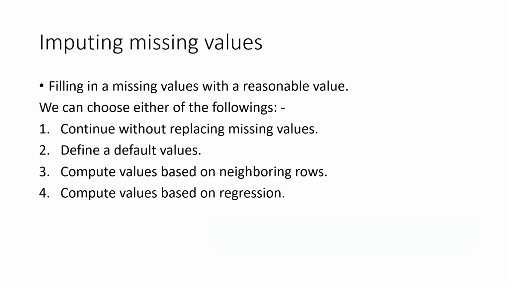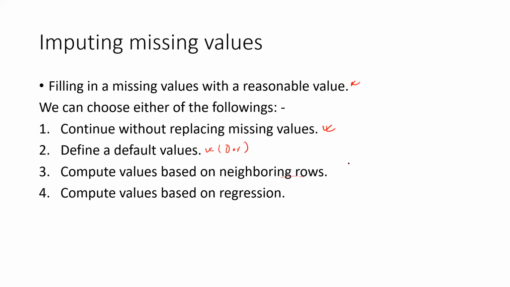Imputing missing values means filling in a missing value with a reasonable value, right? So we can choose either of the following. Continue without replacing the missing value, so do as is. Define a default value, like I said, zero or some other default value. Or look at neighbor rows.